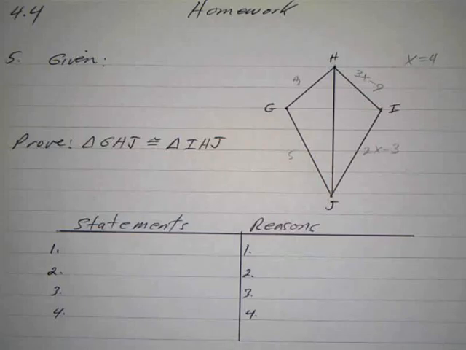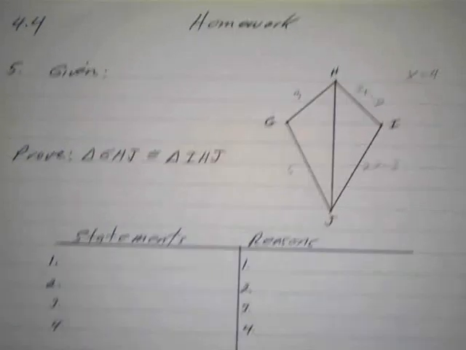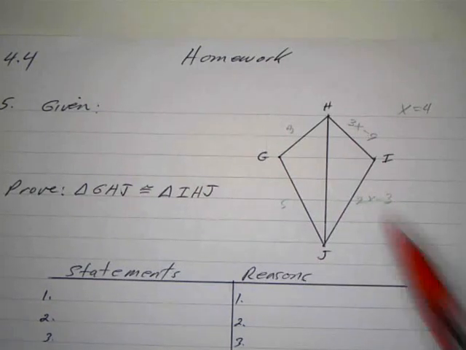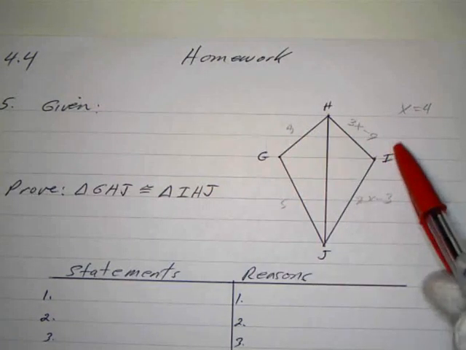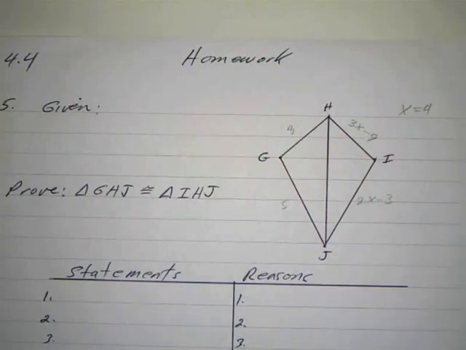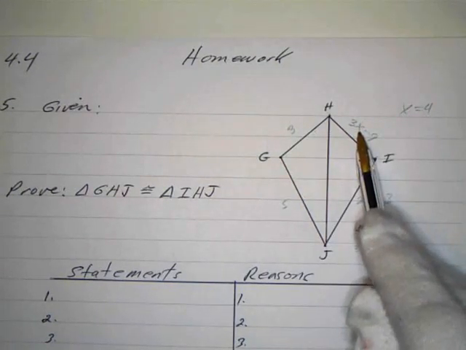a little intermediate step that we had to go through to see what we had, because they gave you this information. I put it in pencil because it's just what we need to determine the parts that we're going to use for our proof. GH is 3 and HI is 3x minus 9, but x is 4. So if I put 4 in here, what's 3 times 4? 3 times 4 is 12. 12 minus 9 is 3.